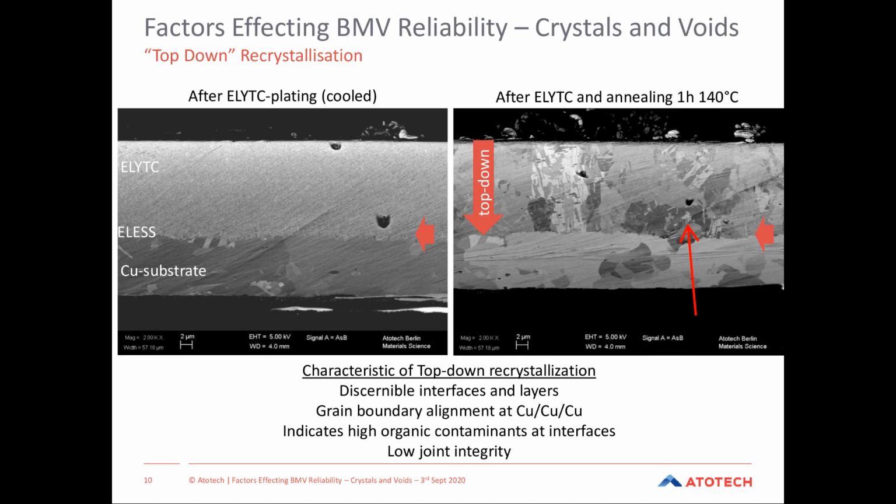Because of that, you can see there's essentially a single grain boundary running across the middle of that joint. This is likely to act as a crack propagation site and therefore is more likely to lead to low levels of joint integrity. And the way we associate this chemically is that there is a high level of organics and contaminants within the structure as well.